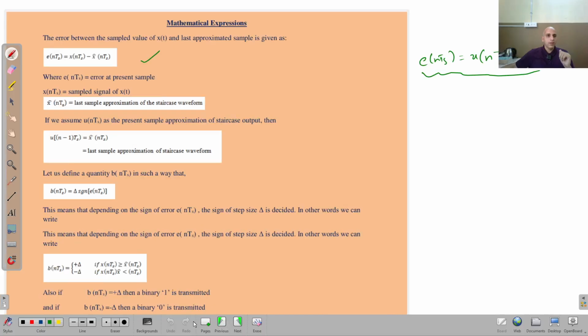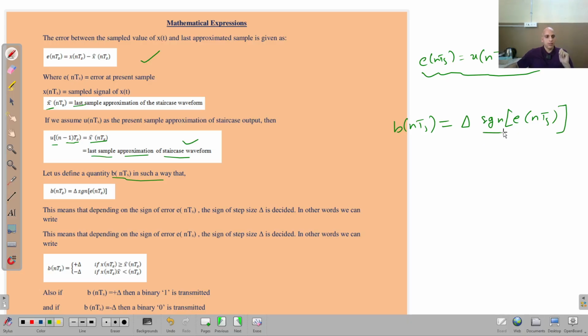Now here x bar(nTs), I told you that it is u((n-1)Ts), the last sample approximation of the staircase waveform. So let's define a quantity b(nTs). This is a new quantity that we defined, that is equal to delta into sgn of e(nTs).